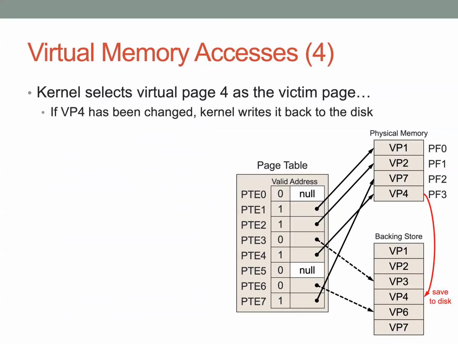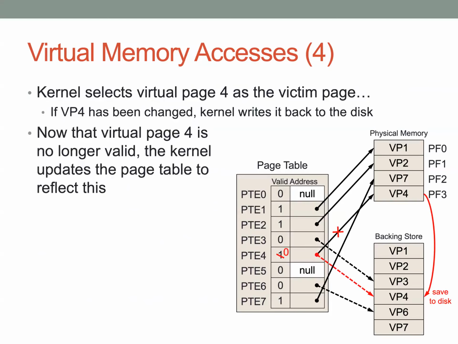Okay, so virtual page 4 is evicted. You can see it's written back to disk. So this is what the kernel has to queue up and make sure that it's done. Now, once that is done, or maybe before, because you'll have to work through the details of what order you have to do these things in, the kernel needs to update the page table for the process to record that that virtual page is no longer in physical memory.